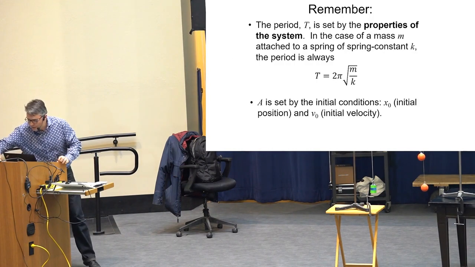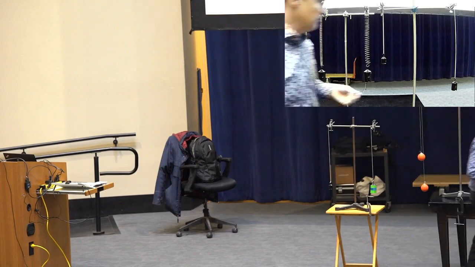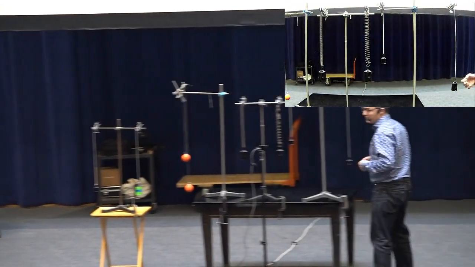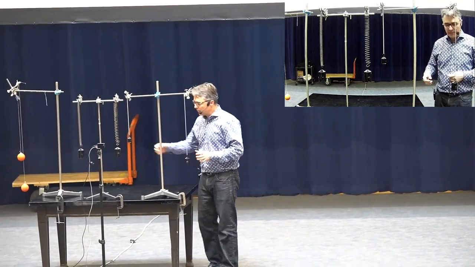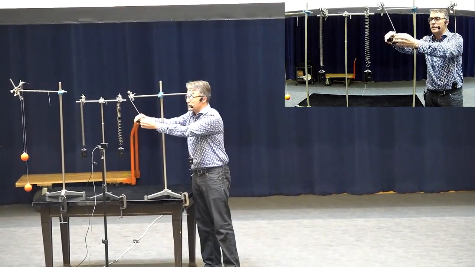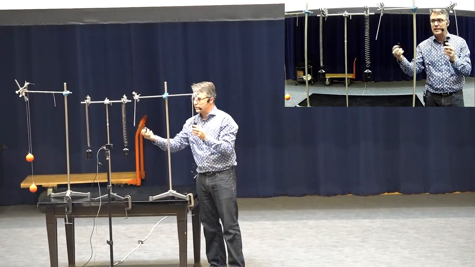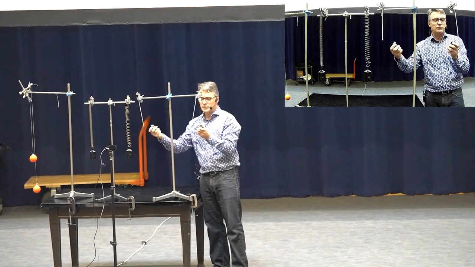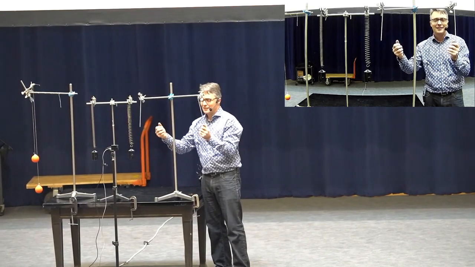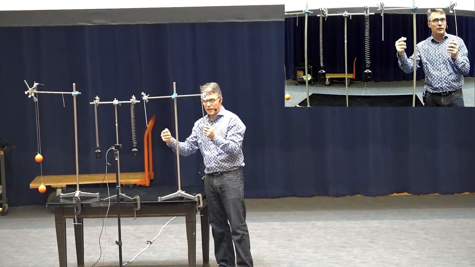So if we actually try to test that, I got these. Now, these are vertical masses on springs because they're just a little easier to set up, because we don't need a frictionless surface. But here we have two springs that are identical, and we have two non-identical masses. So m is higher. The period is equal to 2 pi square root of m over k, right?